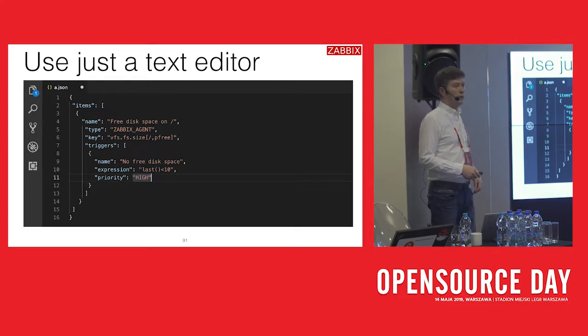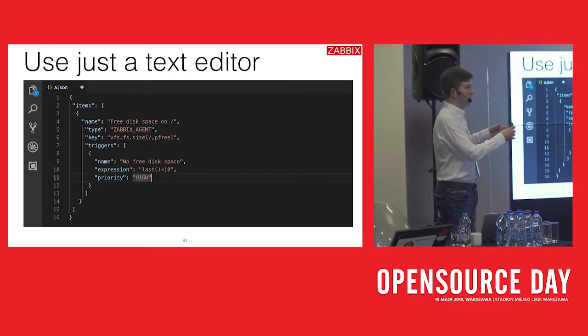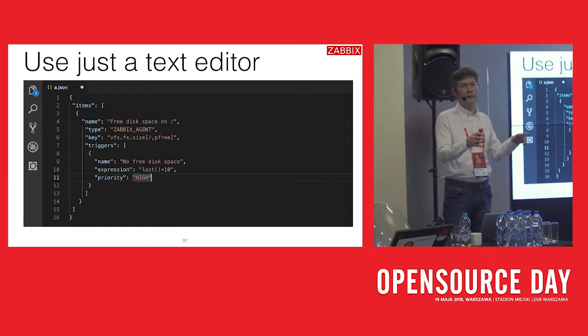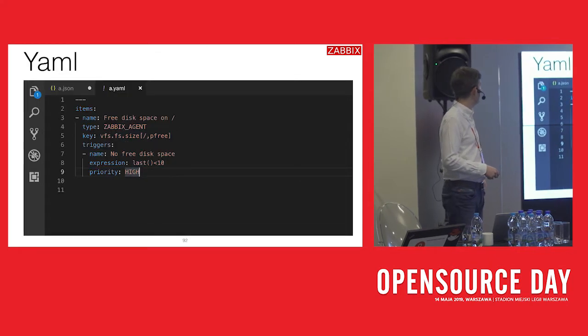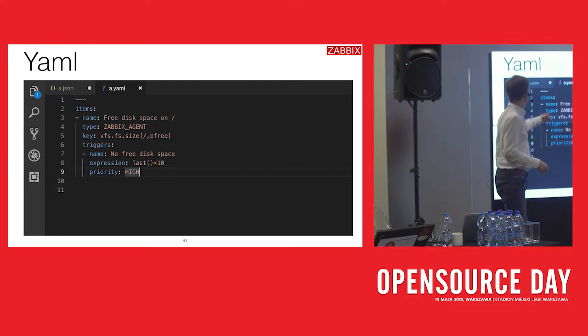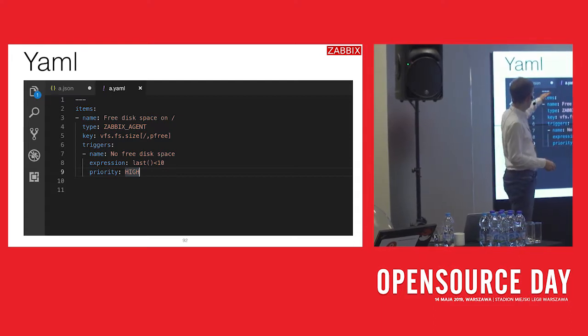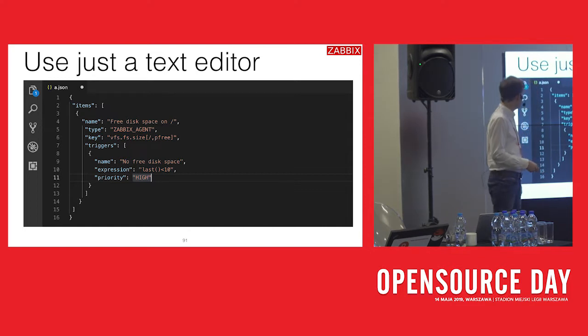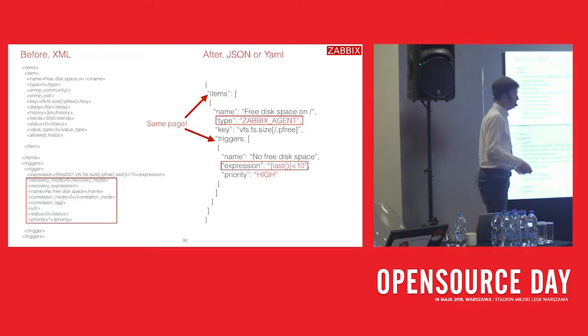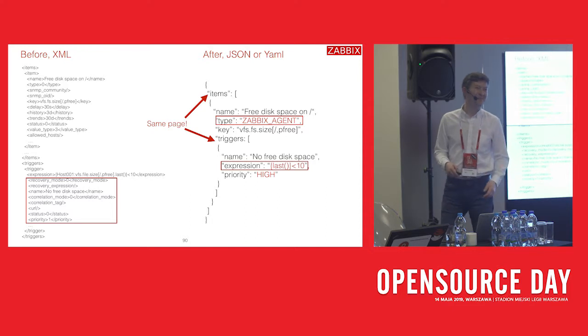If we do this, we can use just a simple text editor. So this is, I believe, VS Code. So we can create our templates quite easily just writing a text. So this is a JSON, and in YAML, it's even more simple. Okay? So you may compare 1, 2, 3, 4, 5, 6, 7, like 8 lines of code, maybe 12 lines of code, comparing to hundreds, maybe even more.